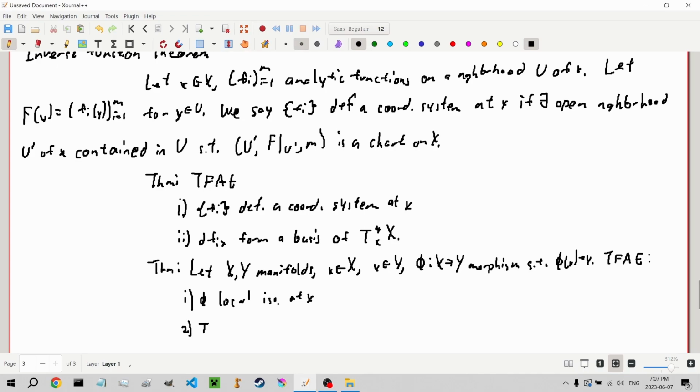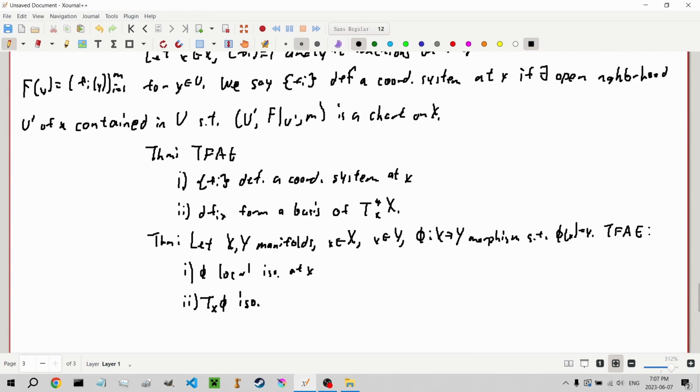Two, the tangent map of phi at x is an isomorphism. Once again, I switched from Roman numerals to numbers. And third, the cotangent map at x of phi is an isomorphism.